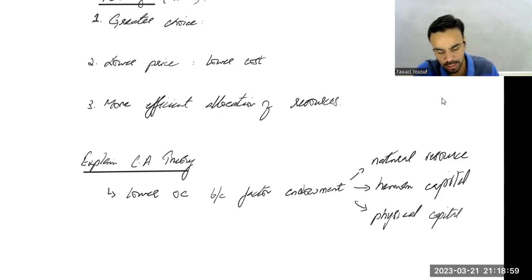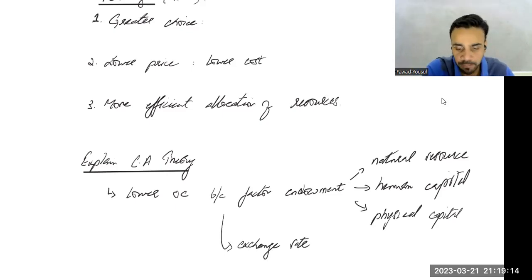उसके अलावा क्या हो सकता है? वेल, उसके अलावा और भी रीजंस हैं। एक रीजन फैक्टर एंडाउमेंट के अलावा ये भी हो सकता है, मे बी द एक्सचेंज रेट, the country's exchange rate that you might have. क्या हो गया exchange rate? Your country's currency is competitive compared to the other country's currency.